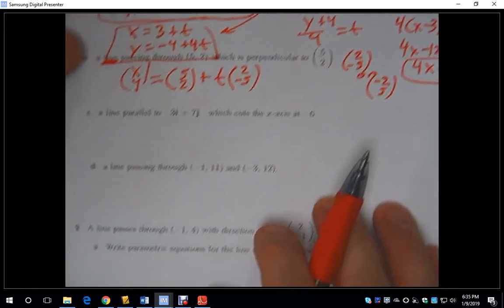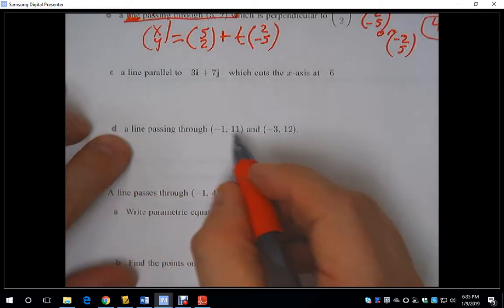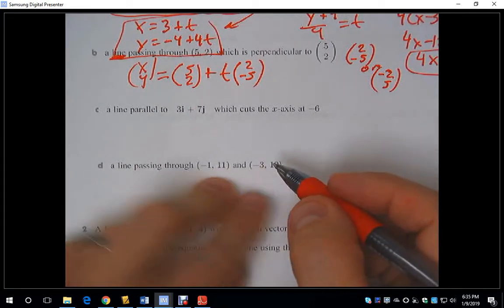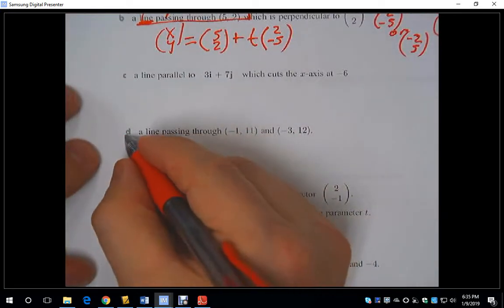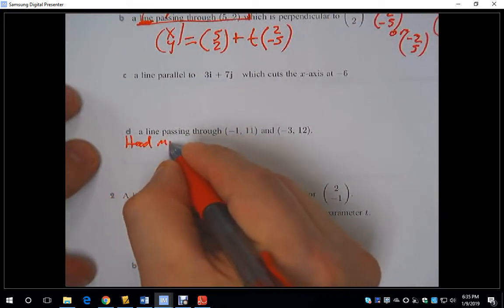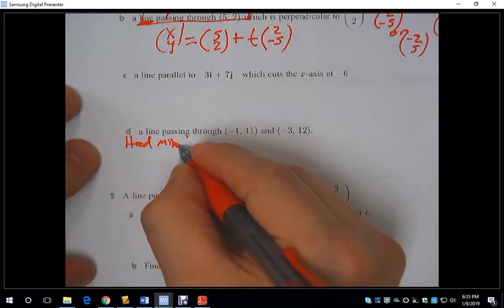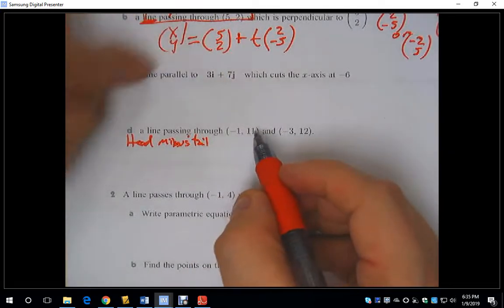All right, moving on. Part D, it says a line that passes through these 2 points. Well, if I have 2 points, I don't have a direction vector. How do you get a direction vector? Well, we take head minus tail, right? It doesn't really matter, again, because we're talking about a line.